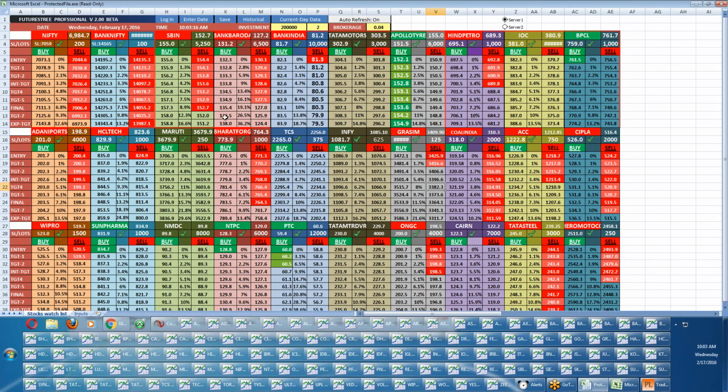HDFC we have an entry. HDFC Bank and HDFC both. Idea we have a buy call.